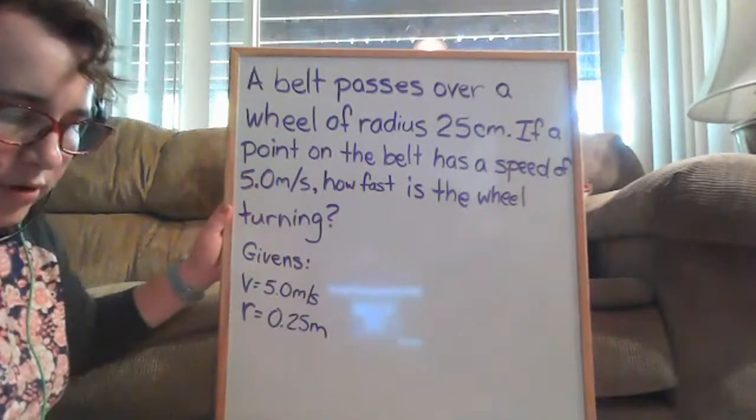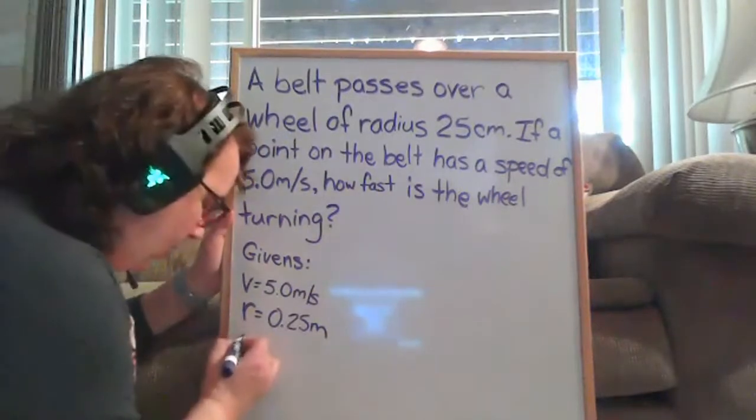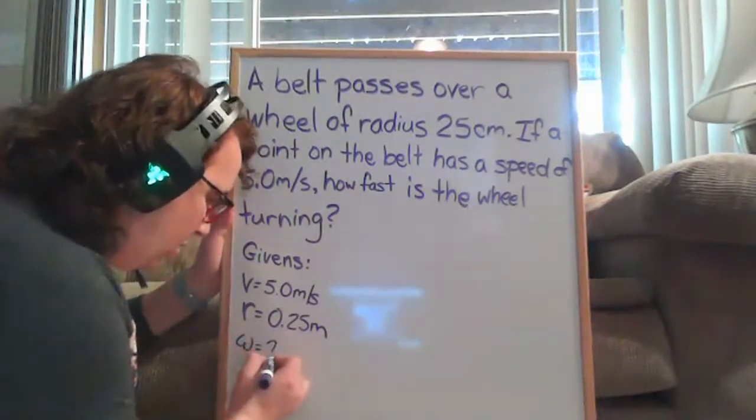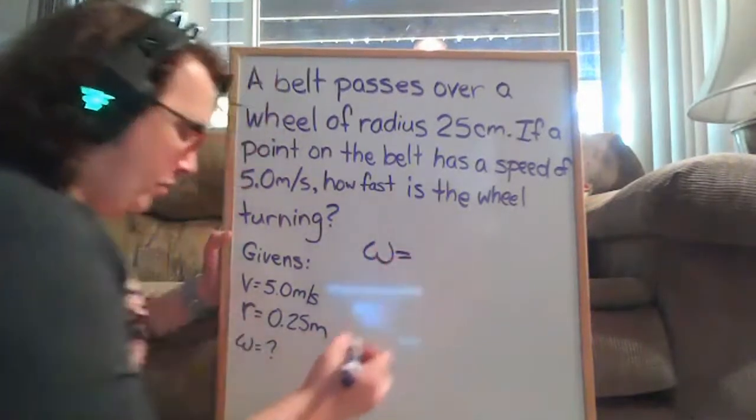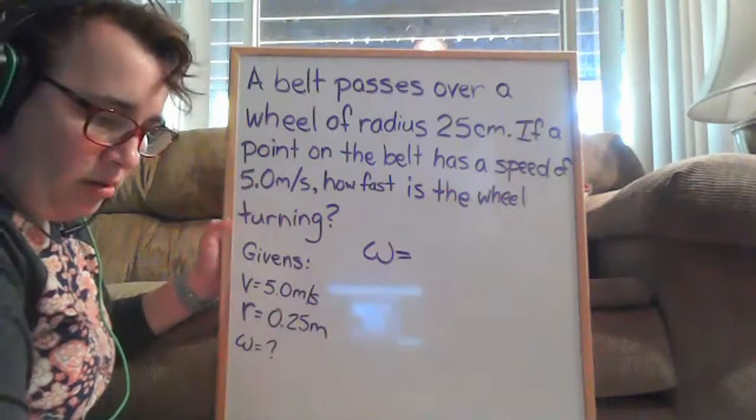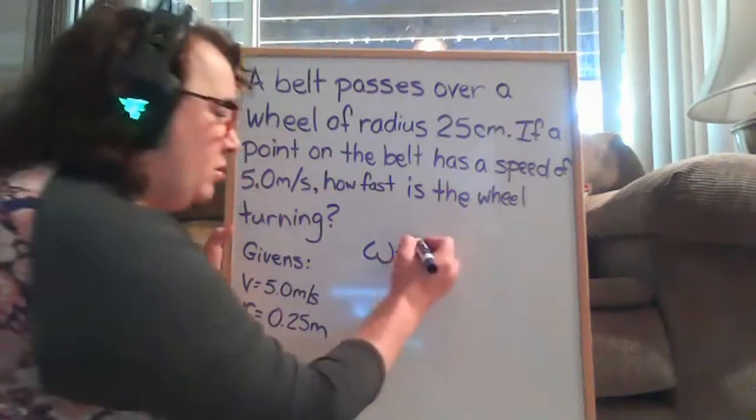Okay, we're looking for omega, our angular speed. So omega is equal to v over r.